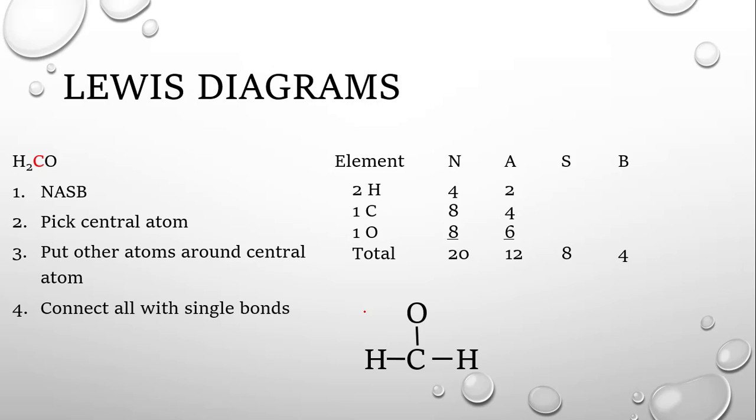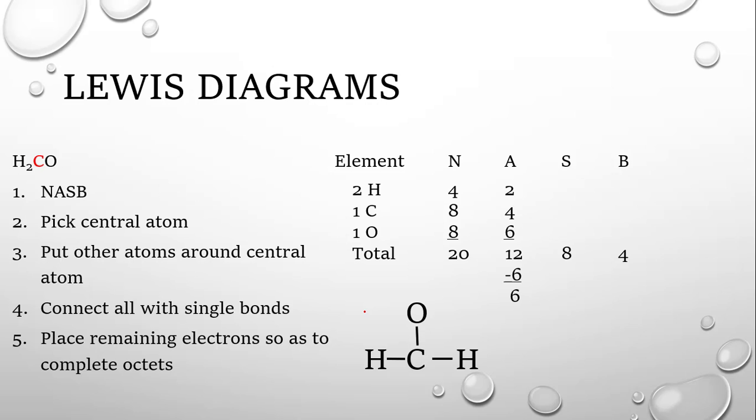Add the single bonds, take away the 6 electrons, and now you have 6 electrons left to place. So you place them and you complete the octet. So we'll go 2, 4, 6, and you notice that this has a noble gas configuration.